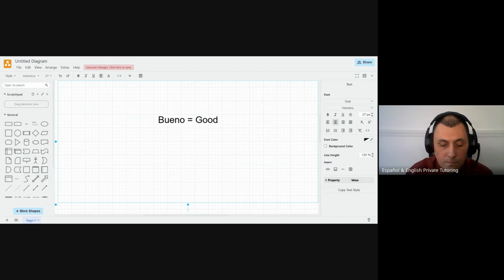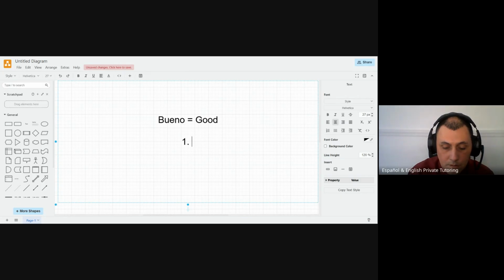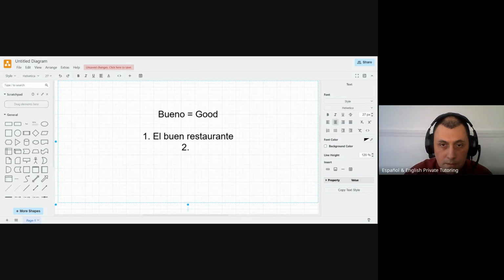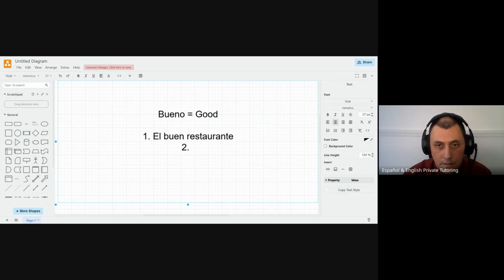And according to the book, I can do this in two ways. I can say el buen restaurante, or I can also say el restaurante bueno. El buen restaurante o el restaurante bueno.